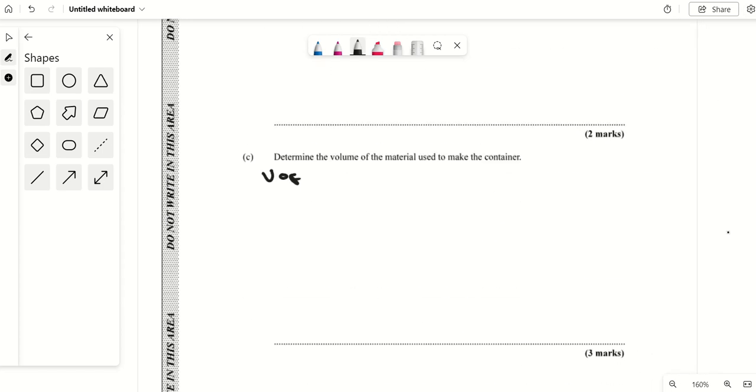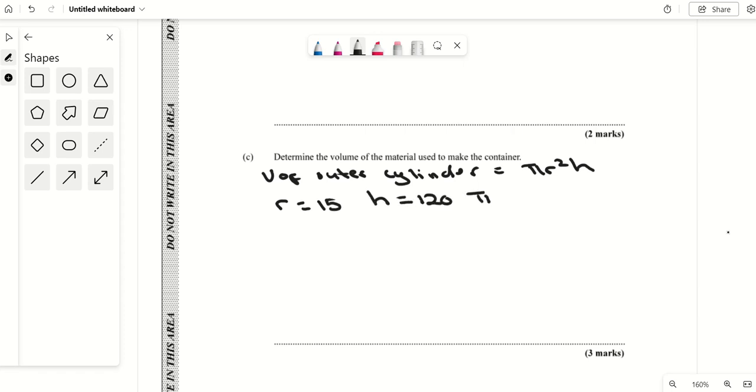So if we find the volume of the outer cylinder, it is the same formula: pi r squared h. We know the radius for our outer cylinder is 15, our height is 120, and pi is equal to 22 over 7.